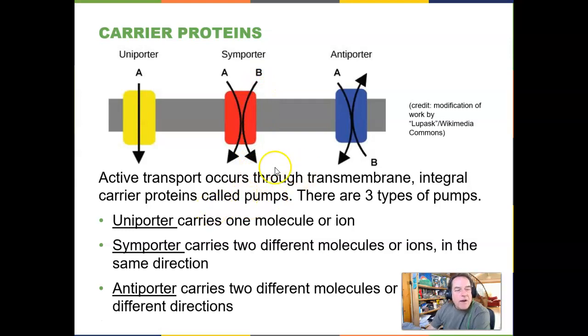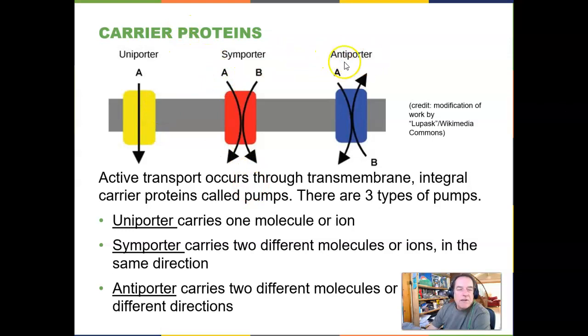All right. And we can classify these carrier proteins based on how they move stuff across the cell membrane. So a uniporter just moves one thing in one direction. A symporter, sim for the same, that's why symphony, everybody's following the same sort of rules. Two or more things, but typically two, move across in the same direction. That can be both in or both out, it just totally depends.